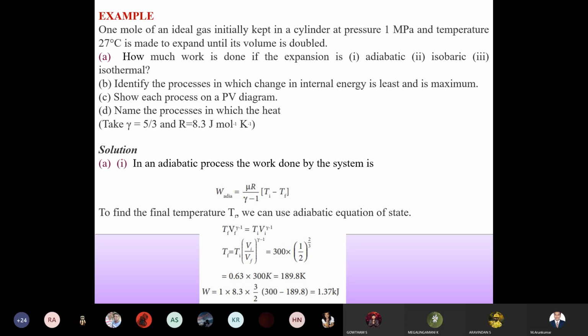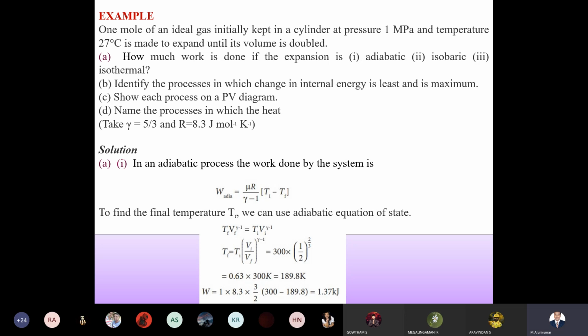Then we can substitute the values in the equation of W. Mu value is given, 1 mole. Then we know the R value, the universal gas constant, 8.3. Then gamma minus 1.